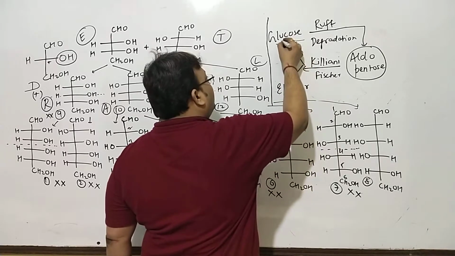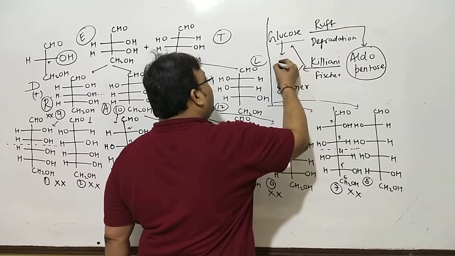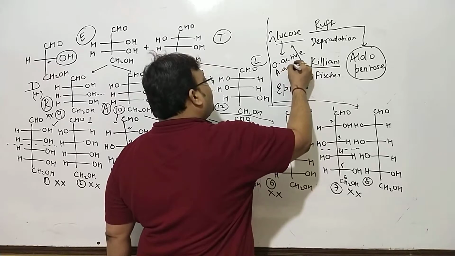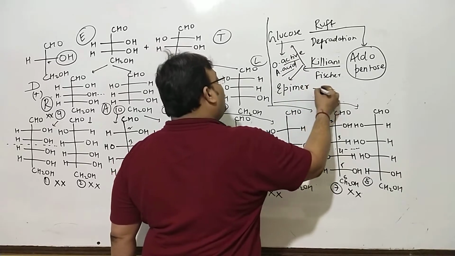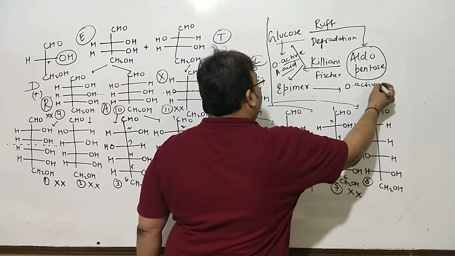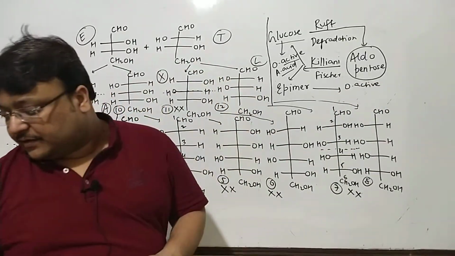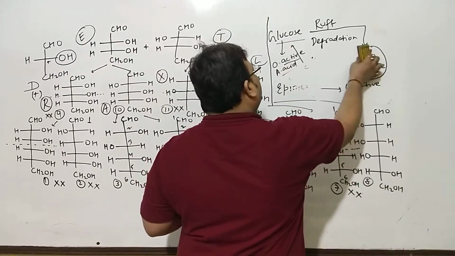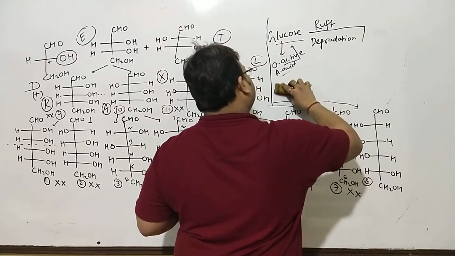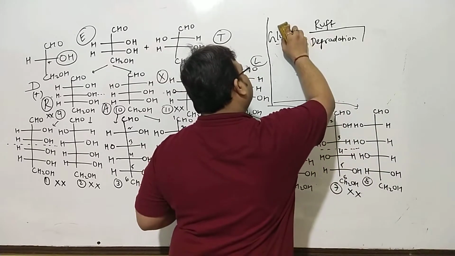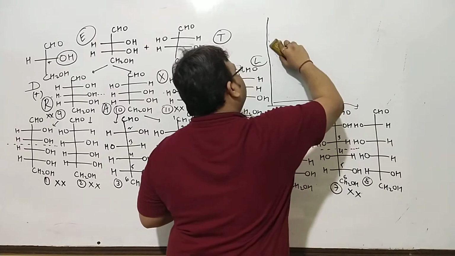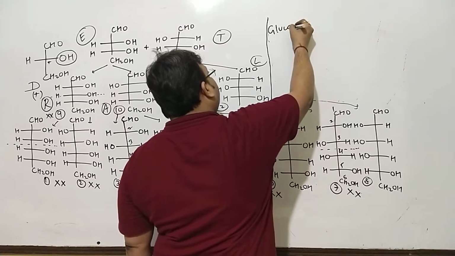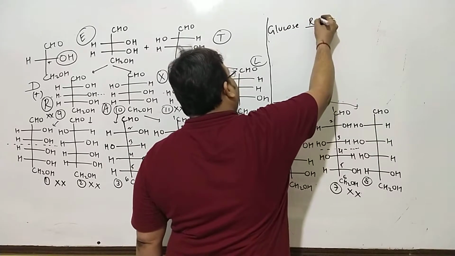Now glucose was giving an optically active aldaric acid. Its epimer was also giving an optically active aldaric acid. So this is step 3, where glucose is subjected to Ruff degradation.